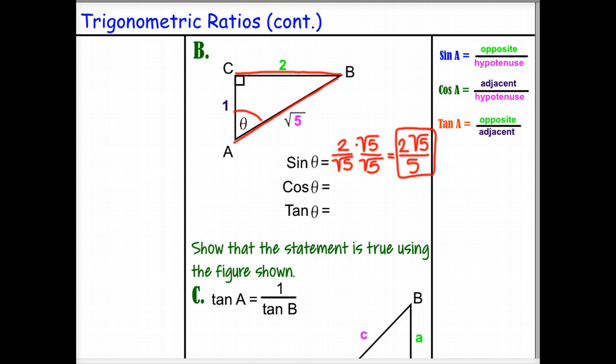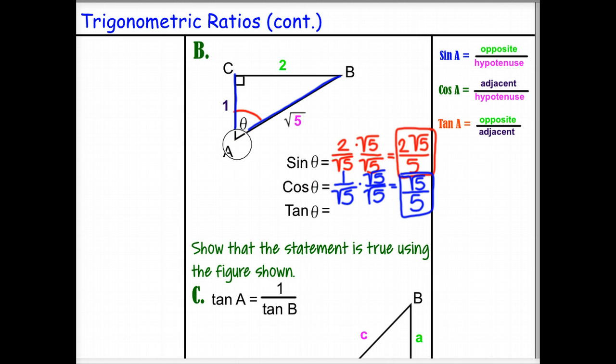Then, with reference to our cosine is going to be our adjacent side over our hypotenuse, which is going to be 1 over the square root of 5, which likewise we will rationalize the denominator, which 1 times the square root of 5 is the square root of 5, and square root of 5 times square root of 5 is square root of 25, or 5.